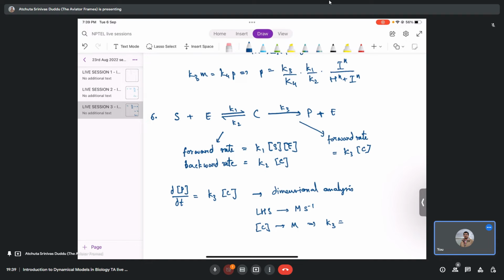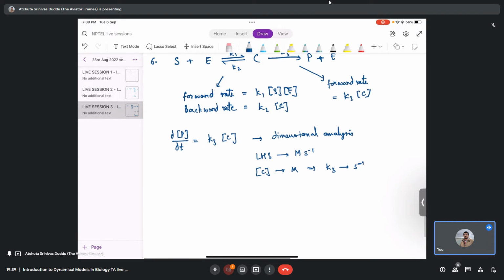So we have K3 with units of second inverse, not equal to, that would be wrong. K3 has second inverse dimensions. Now let's write equations for the first part of the reaction.